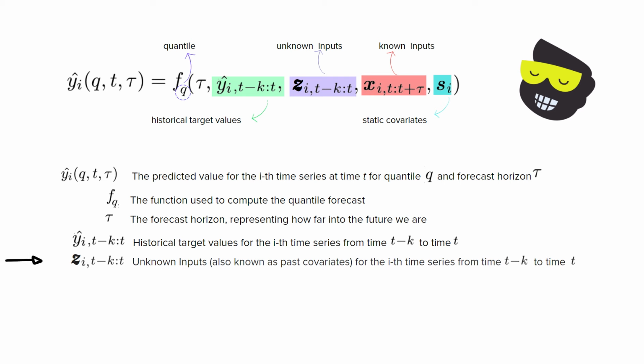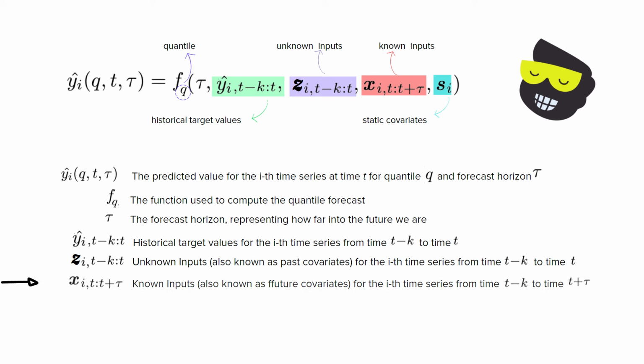Then we have z, unknown inputs, also known as past covariates, for the ith time series from time t minus k to time t. And these are inputs that are known only up to the current time step and include variables like past weather conditions, past sales, so stuff that we know has happened, but we don't know what will happen in the future.